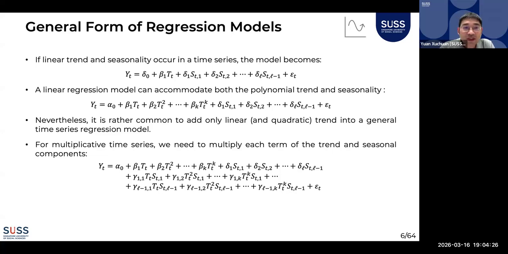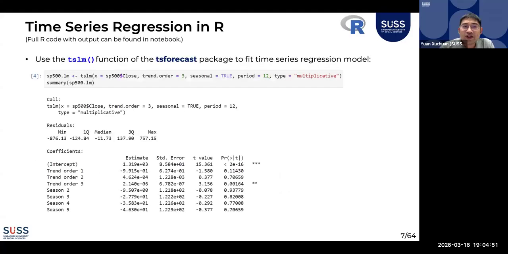Sometimes you might also have a multiplicative impact, for example, the seasonal impact and the trend have a multiplicative impact on the time series. So you have joint terms of the time and the seasonal indicators.